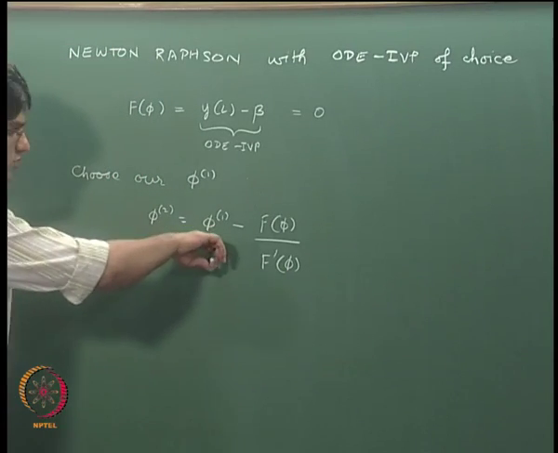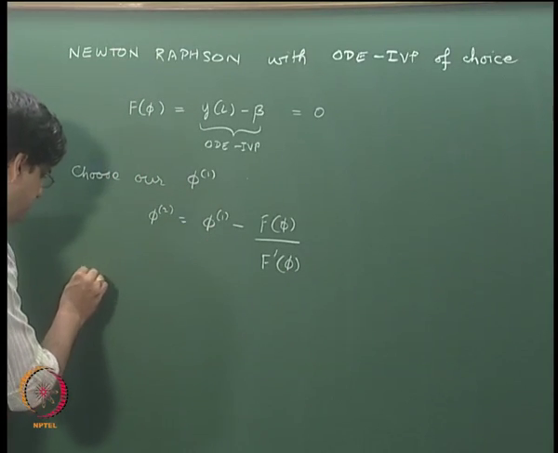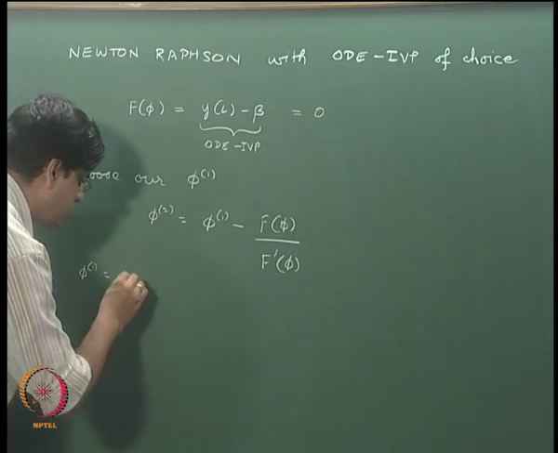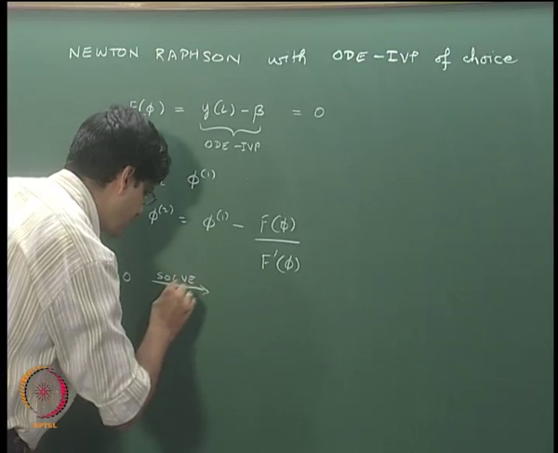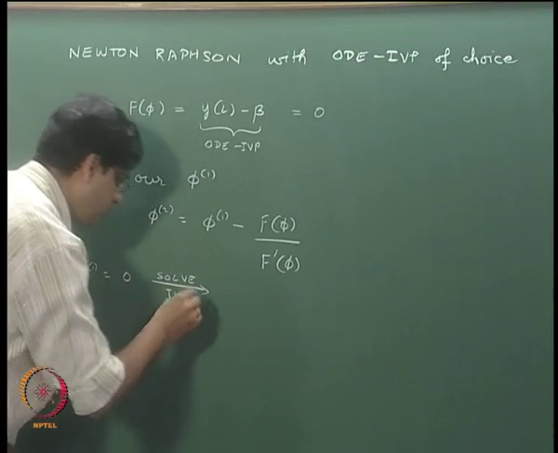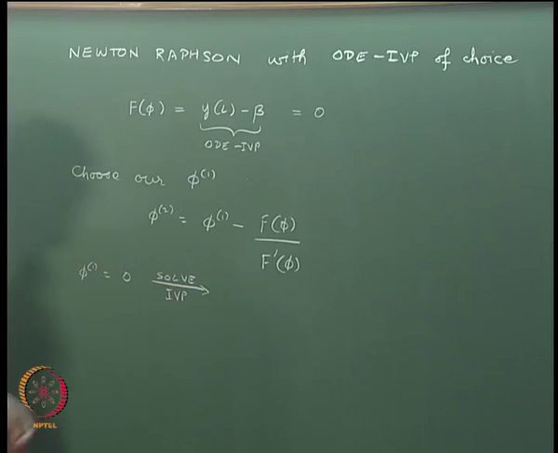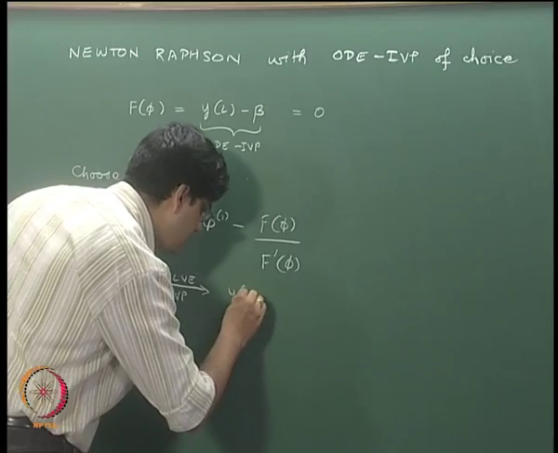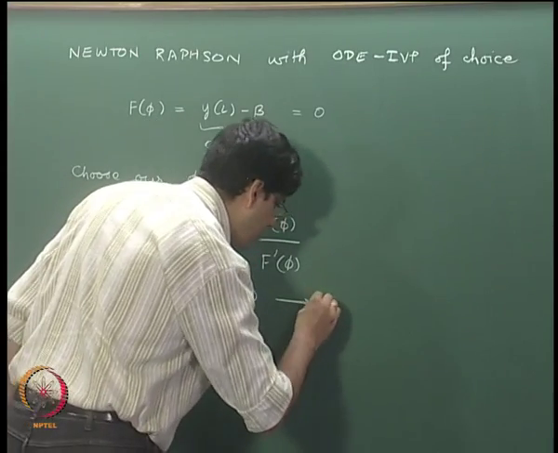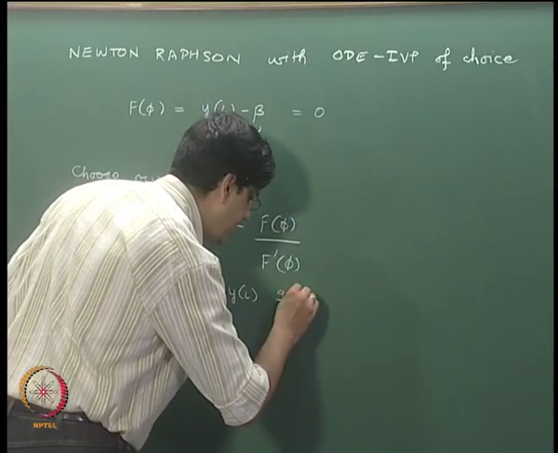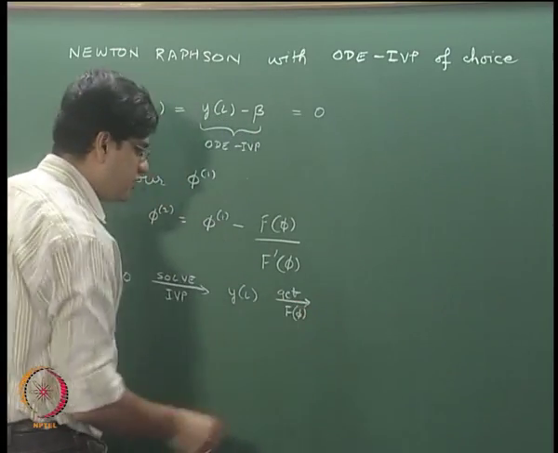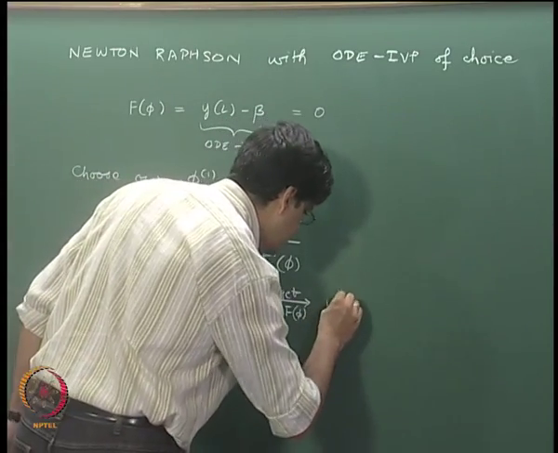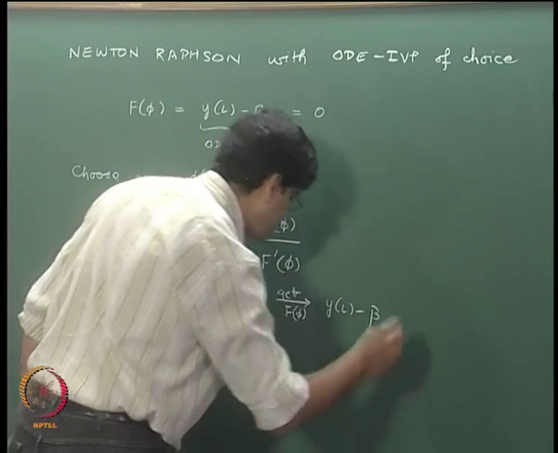So what we can do is choose, for example, phi 1 as 0, we can solve the ODE IVP, and this will give us y L. From y L we can get our f of phi, and that will be just y L minus beta.